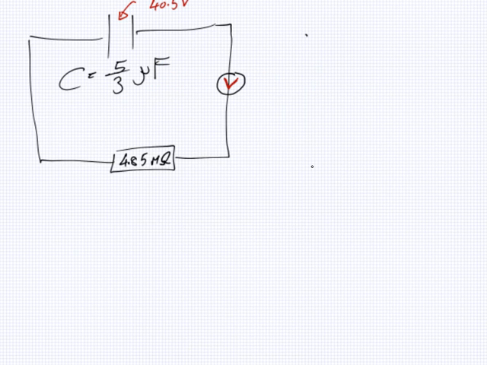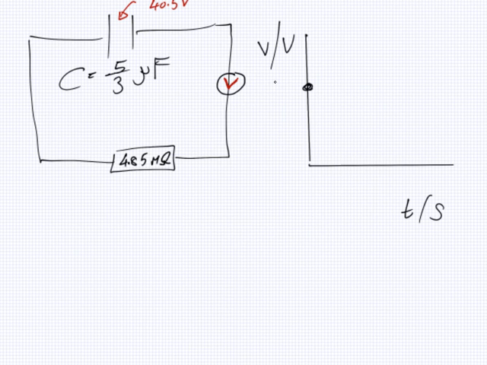Time in seconds, voltage in volts, starts at 40.5 and decreases. This is the capacitor one. And it decreases, and we want the time till it gets to 20 volts.